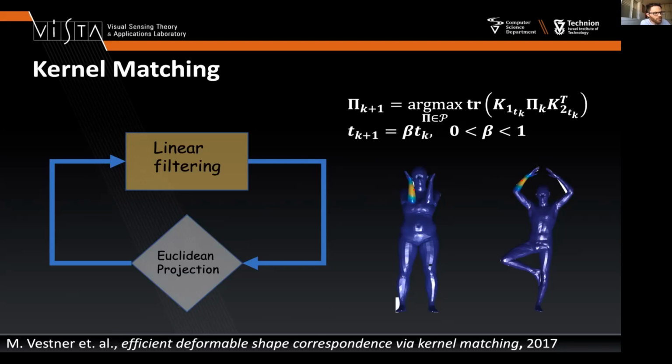What you do is you diffuse this correspondence along one of the graphs, along the product graph, essentially. And then you're looking for the permutation matrix that is closest to this diffused correspondence. So it's an iterative process of linear filtering or smoothing, and then Euclidean projection or sharpening. By doing this iterative process, you get a more and more refined correspondence.